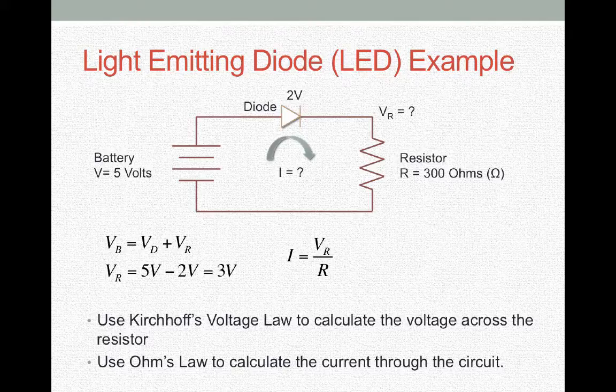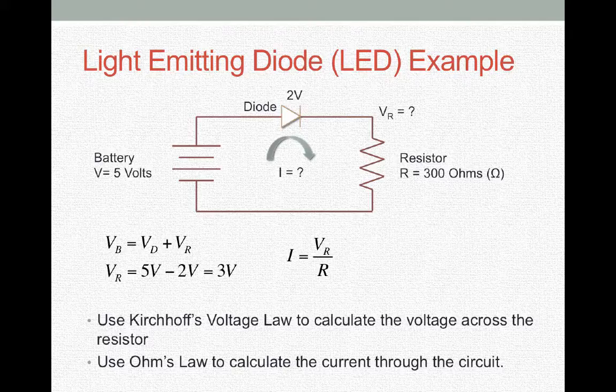So the voltage supplied by our battery, which is 5 volts, has to equal the total drop the rest of the way around the circuit: the voltage drop across the diode and the voltage drop across the resistor. A diode is basically a one-way resistor. It has a small resistance for current flowing one way and a very, very high resistance, so it doesn't allow current to flow backwards the other way.